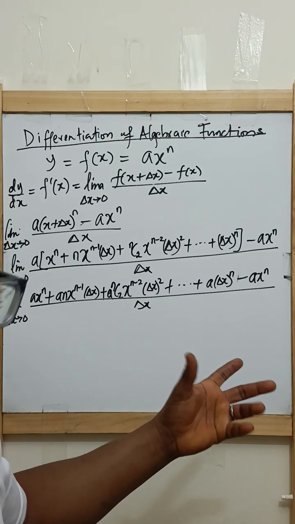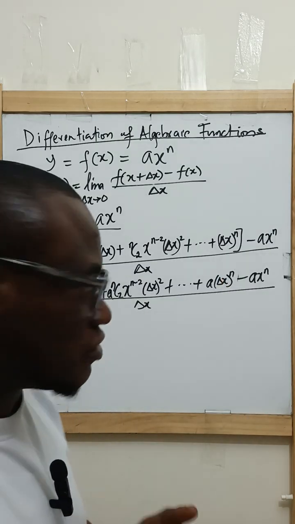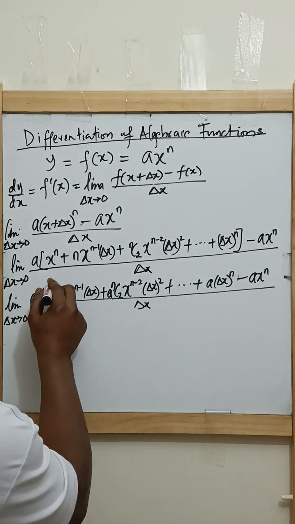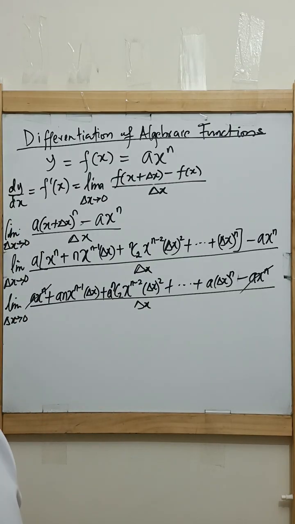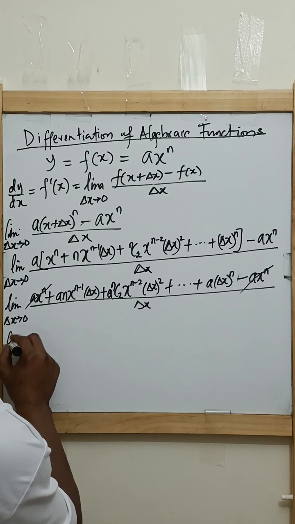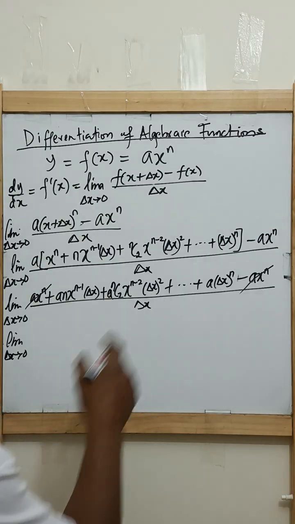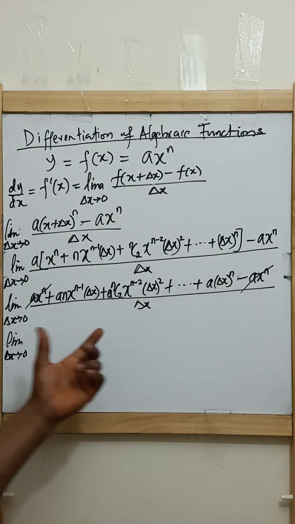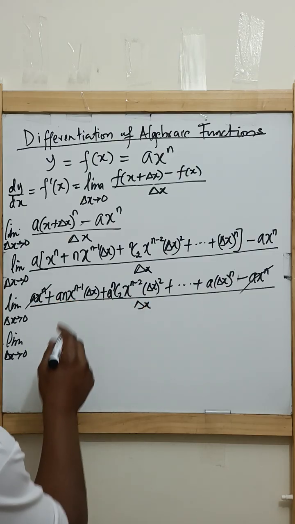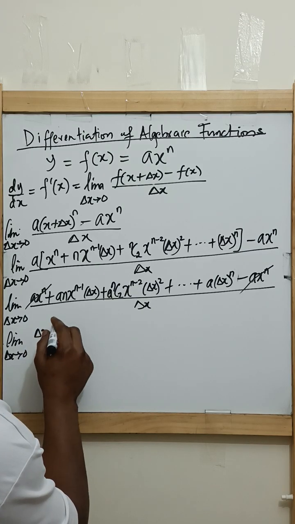Now this expansion has opened something up for us to cancel. We see that ax raised to the power n and ax raised to the power n are the same. We can cancel them out of this expression. And from here, this is going to be as delta x tends to 0. Now we can factorize delta x out of this function.